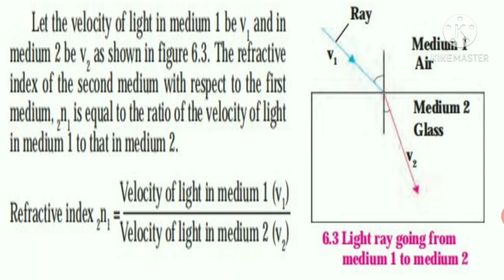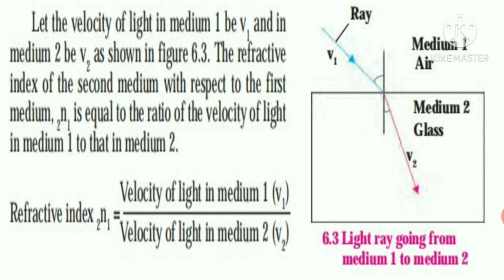Let the velocity of light in medium 1 be v1 and velocity of light in medium 2 be v2. Over here, medium 1 is air, medium 2 is glass. The refractive index of the second medium with respect to the first medium is equal to the ratio of velocity of light in medium 1 to that in medium 2.